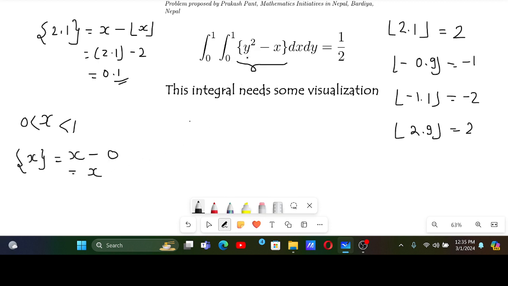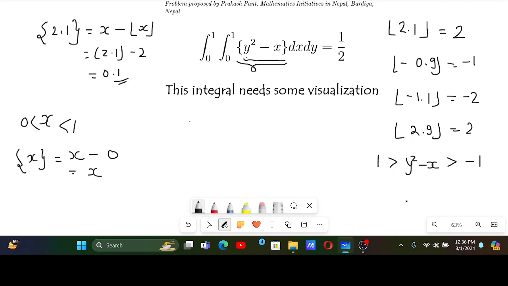But the thing is, this over here, y square minus x, can lie in between greater than minus 1 to 1, because y goes from 0 to 1, x also goes from 0 to 1, so they lie in this range.